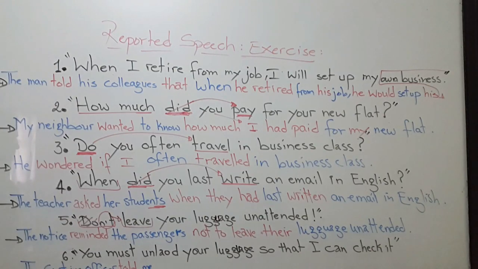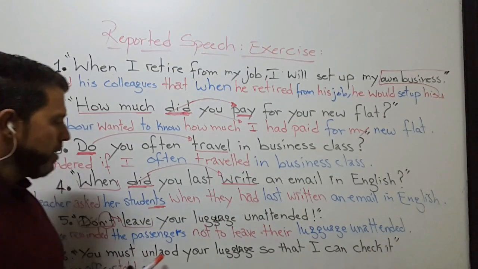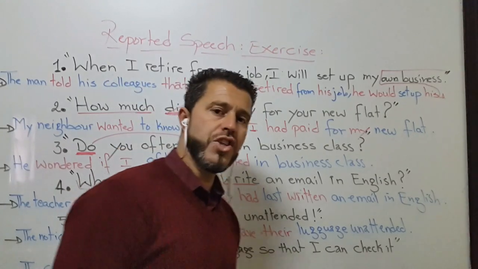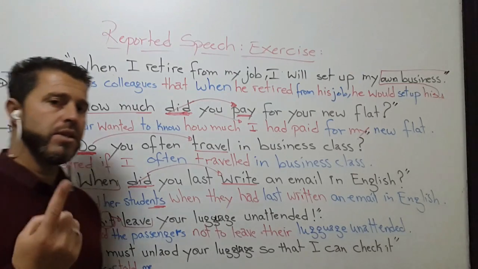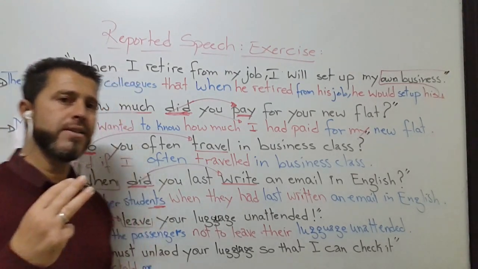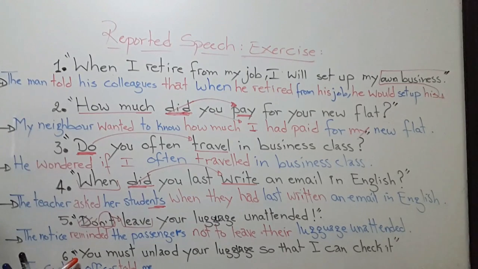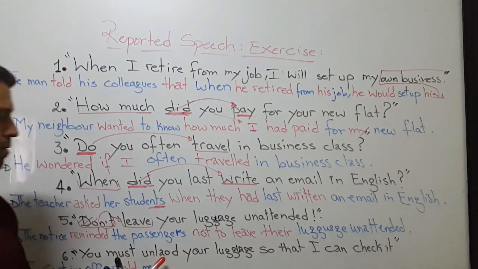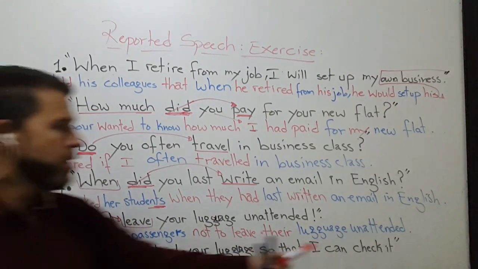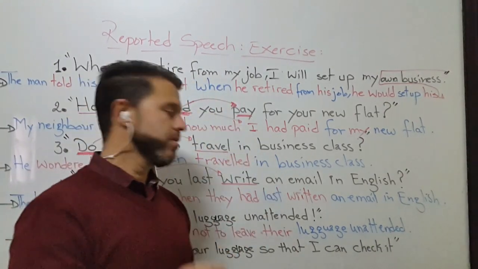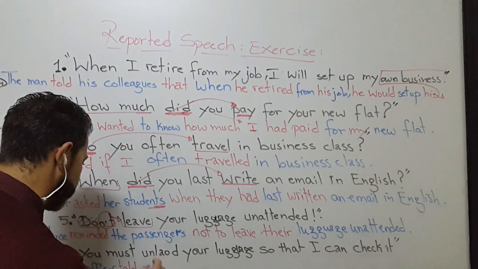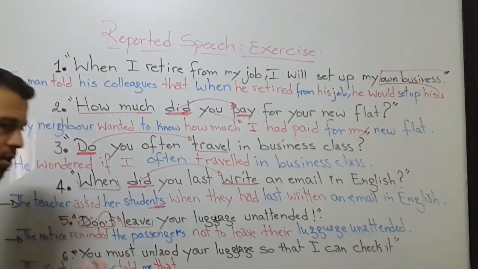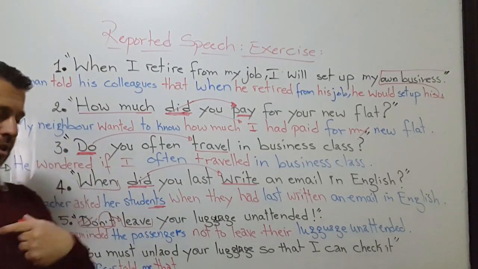The last one, 6th sentence. You must unload your luggage so that I can check it. Okay, so you must. What kind of sentence is this? Is it a statement, a question, or a command? Good. Yes. So you, subject, must unload, the verb. So it is a statement. We don't have a question mark here, so it is a statement. So the first thing in a statement is that the customs officer, Jean Roquet, told me what? That. Okay, told me. So the message is directed to me.